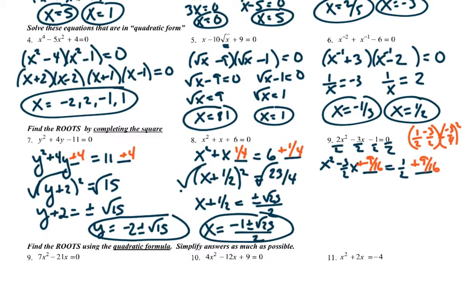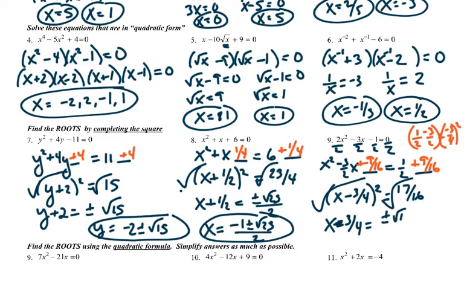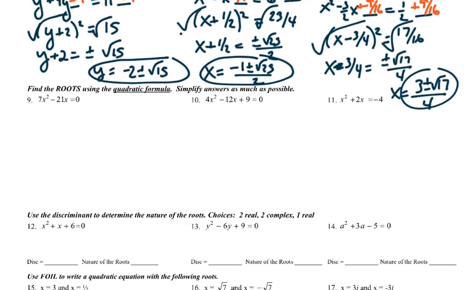So again, if I factor the left-hand side, I'm going to get x minus 3/4 squared equals, that's really 8/16, 8/16 and 9/16 is 17/16. x minus 3/4 is plus or minus root 17, the square root of 16, of course, is 4. So the final answer, 3 plus or minus root 17 all over 4.